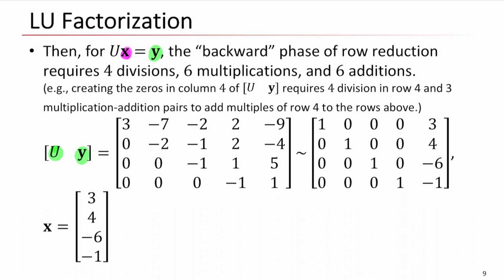From Uy, we can derive the x and identity matrix by using the row reduction algorithm. Then how? First of all, we have to make this matrix U as an identity matrix.